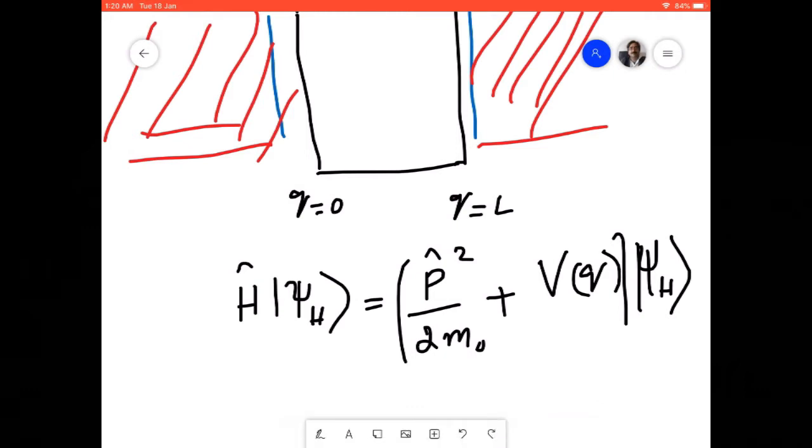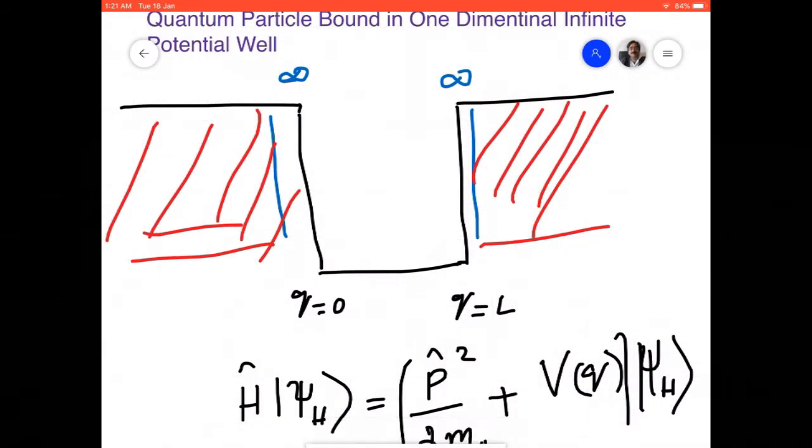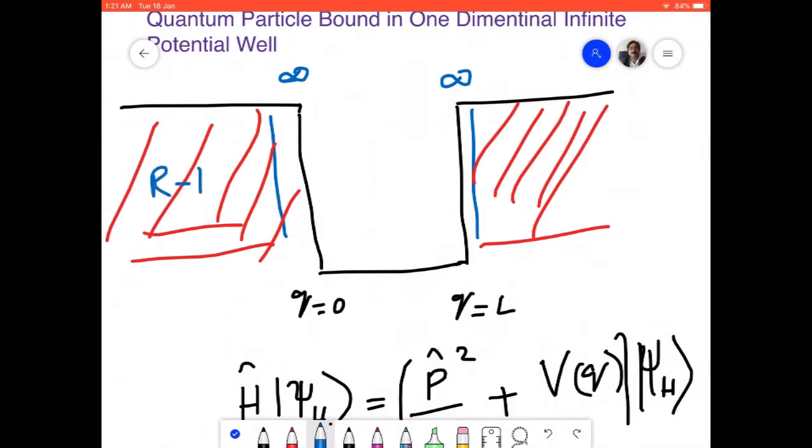We will solve it for the three regions. The first region is R1, this is region 2, and this is region 3.